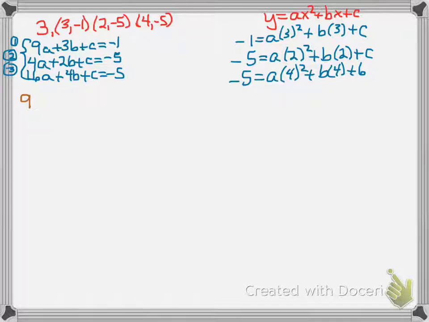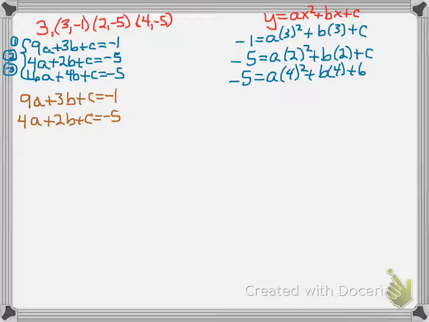Okay, I'm going to start with equation number 1. Okay, and let's go with equation number 2: 4a plus 2b plus c equals -5. Alright, my equation number 2 has some of the smaller numbers, so I'm going to make that my negative.